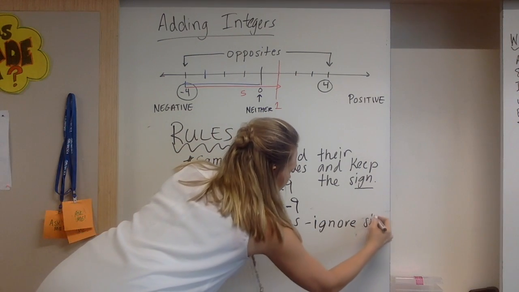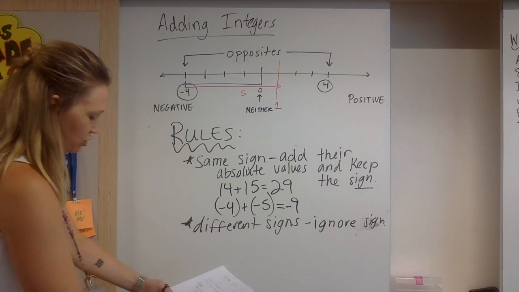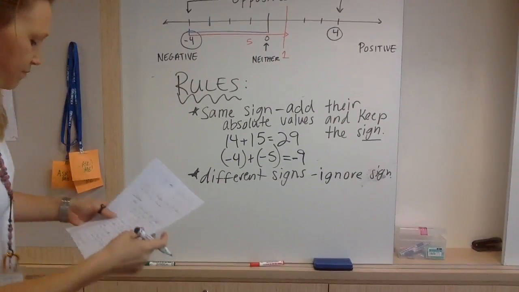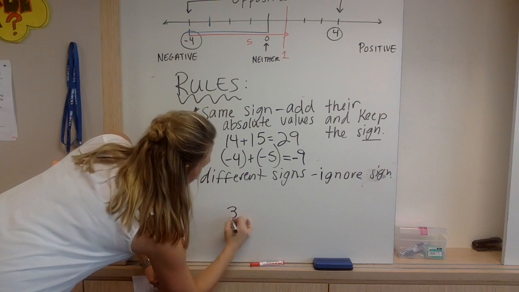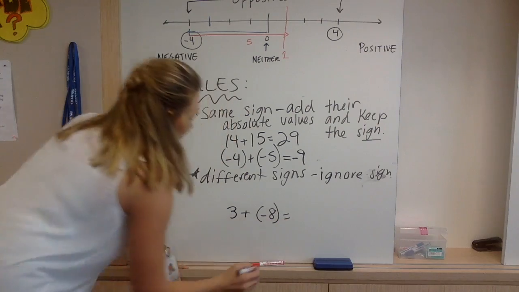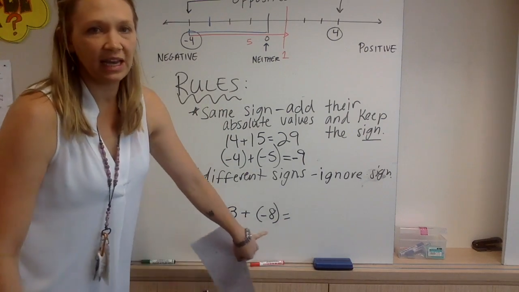Ignore sign. So let's do an example as we're writing the rules. So in my example, let me try and give you a little bit more room here to see. I am going to take 3 plus -8. So the first thing I want to do is ignore the sign. Okay? I just want to look at the numbers 3 and 8.